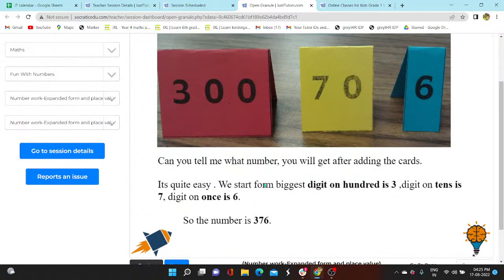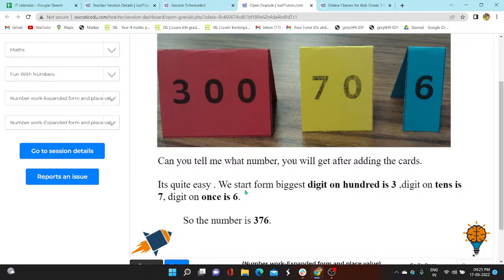Can you tell me what number you will get after adding the cards? There are 3 cards over here. If you try adding these cards, what do you think? What would be the value if you try adding these 3 cards? It's quite easy. We start from the biggest digit, that is the hundreds column.